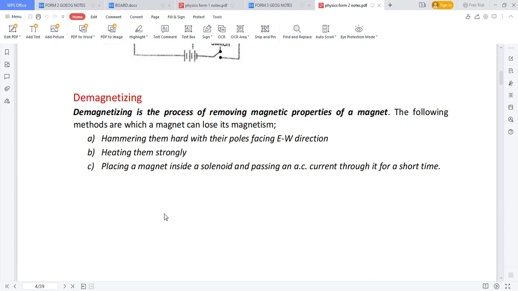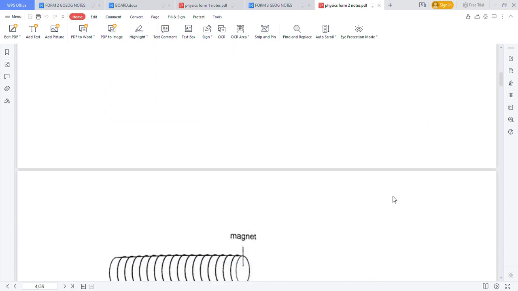Number 1, hammering them hard with their poles facing the east-west direction. Why do we hammer them with their poles facing the east-west direction? Number 2 is heating them strongly. Number 3 is placing a magnet inside a solenoid and passing an AC current through it for a short time.